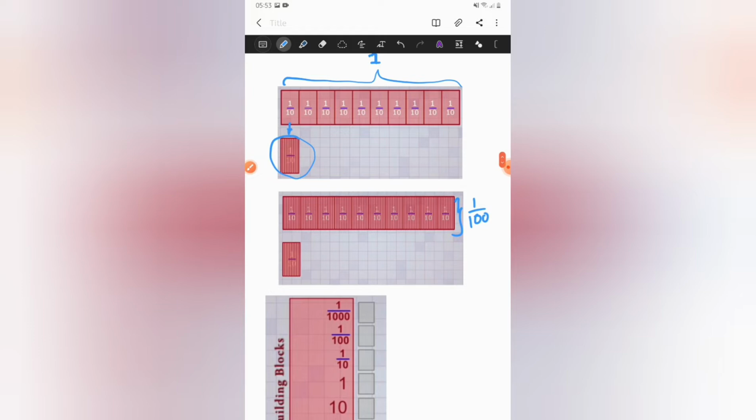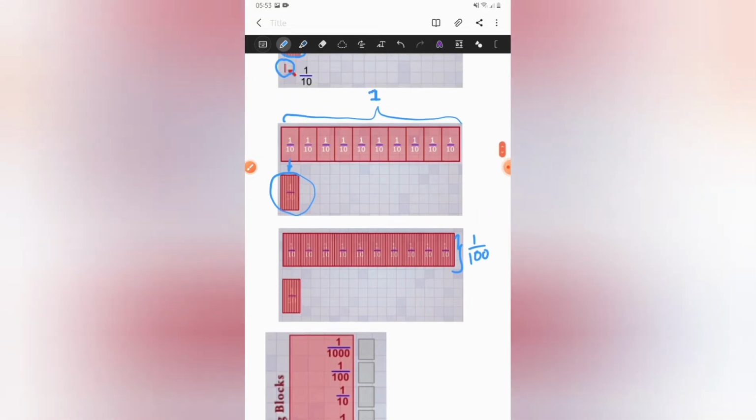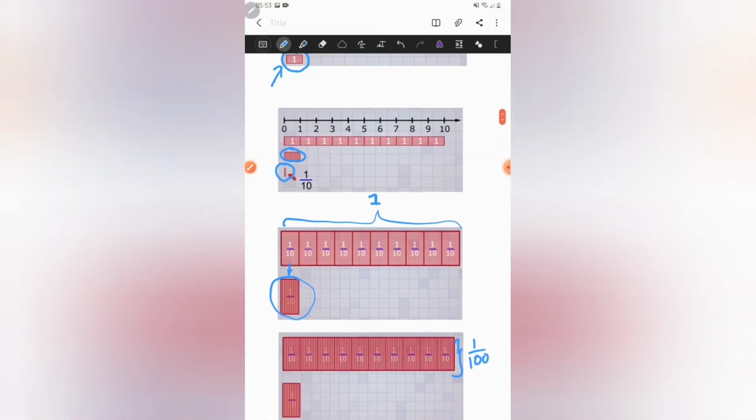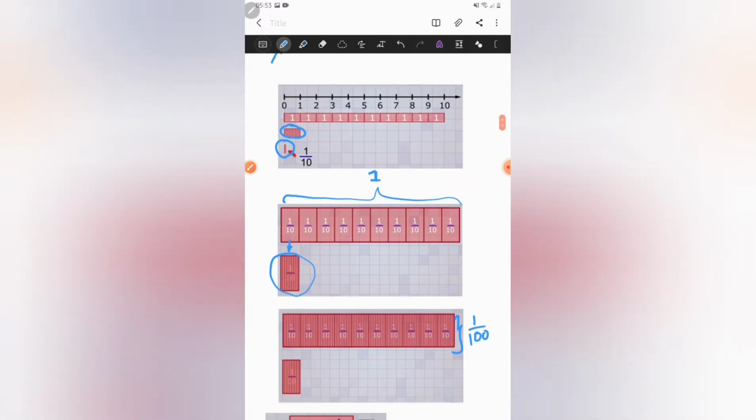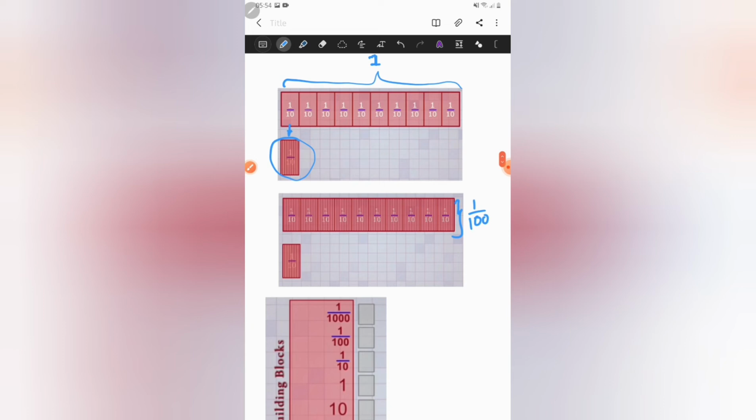That's why the name is 1/100. First we know this is 1/10, and the next is 1/100. We can keep counting until 1/1000, but now let's see the change.